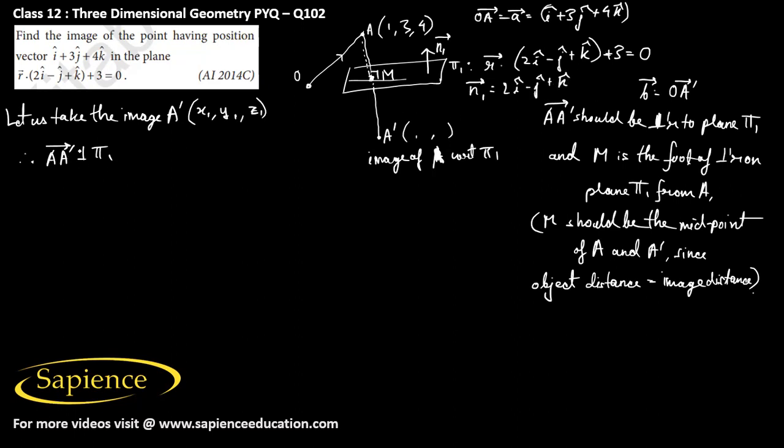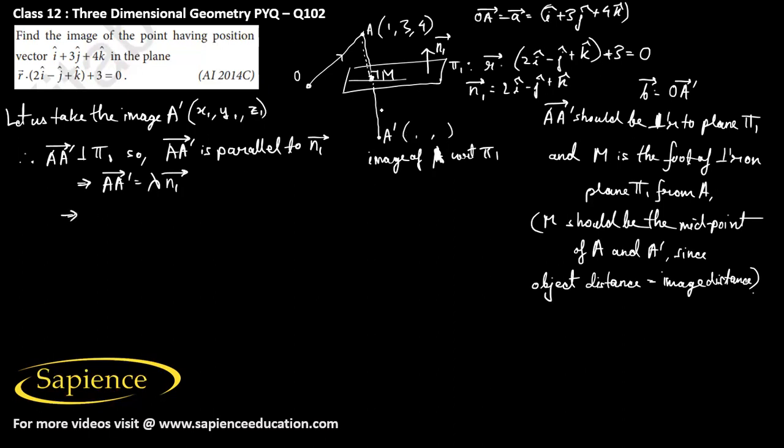So now the AA dash vector should be parallel to the normal vector n1. Therefore I can say AA dash vector should be equal to some lambda times n1 vector.